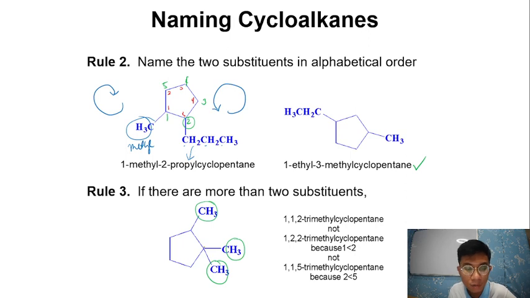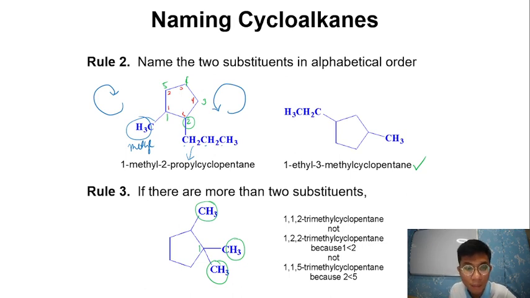Kapag ganito, bigyan nyo class ng mas mababang number yung cyclopentane nyo. Possible ito ay bigyan nyo ng 1. So yung ito pang methyl doon sa tatlo, 1, 3, 4.